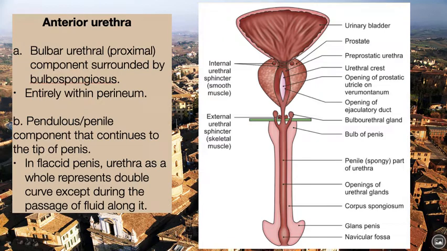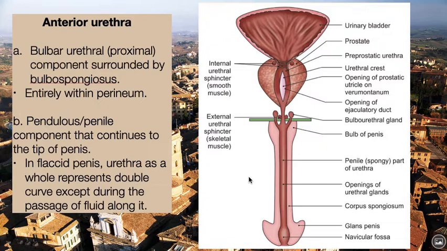Now, the anterior urethra has a bulbar urethral proximal component that is surrounded by the bulbospongiosus, lying entirely within the perineum. Also, we have the pendulous or the penile component of the anterior part of the urethra, which continues to the tip of the penis.